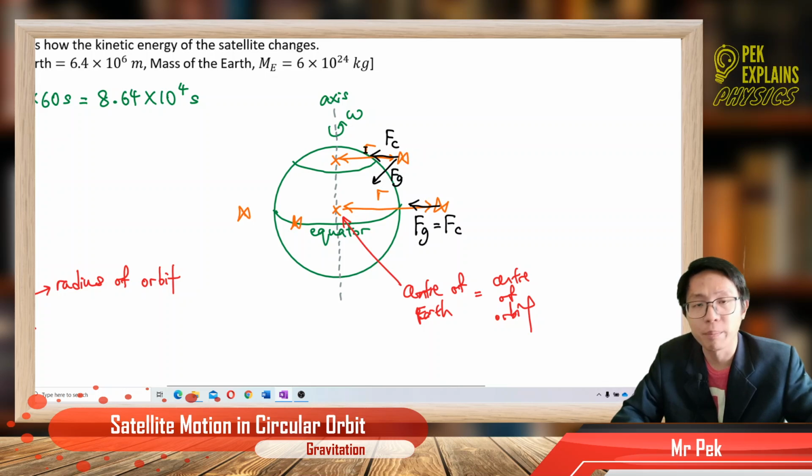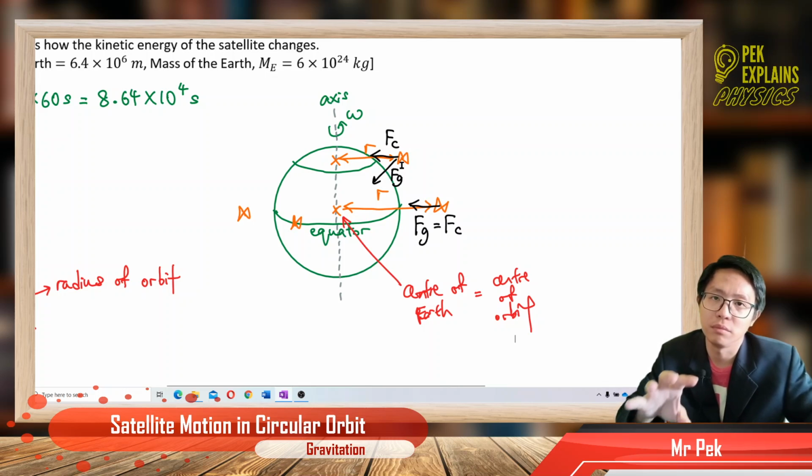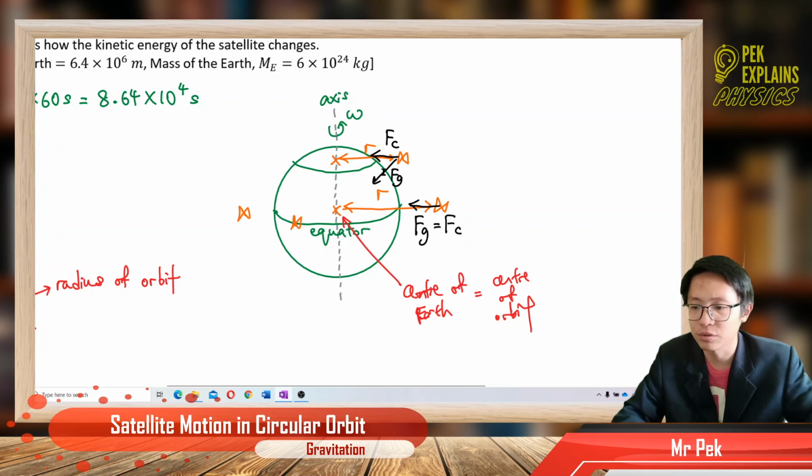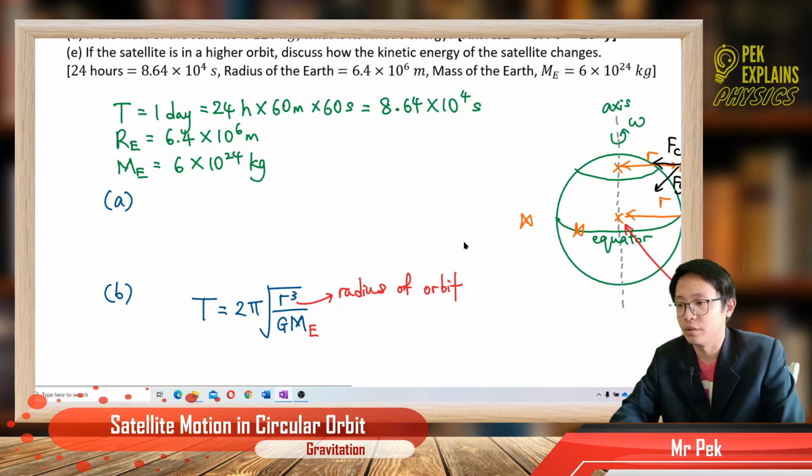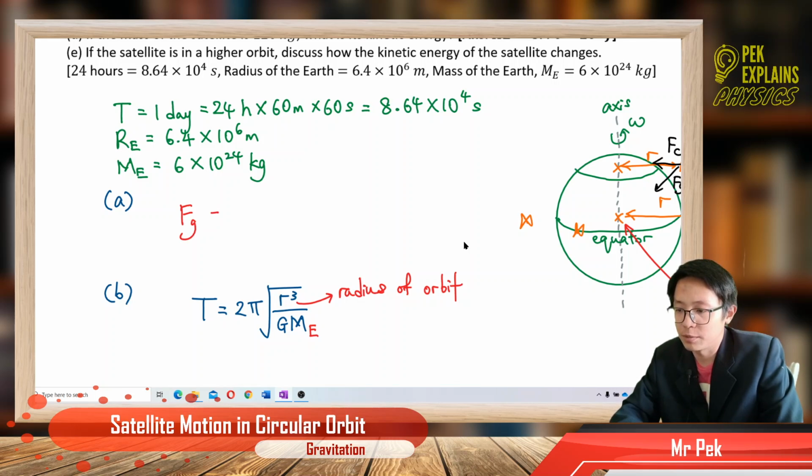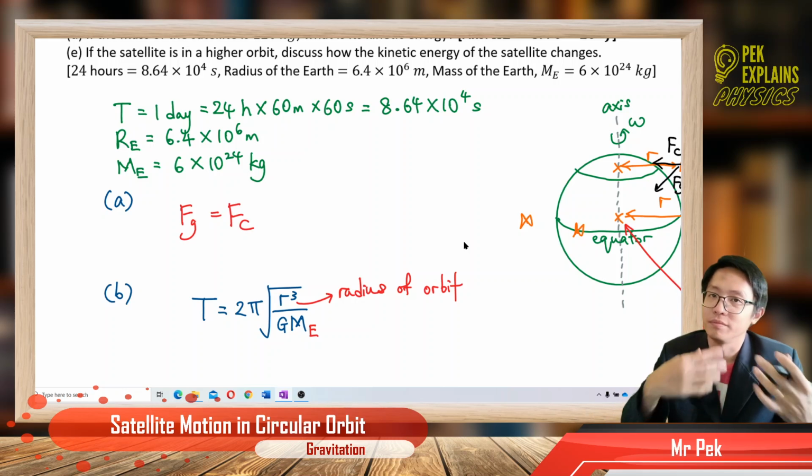So they are not parallel, and the gravitational force is not equal to the centripetal force. This is not right. So that's why the satellite must be at the equator, so that the center of orbit is the same as the center of Earth, and then the gravitational force will be equal to the centripetal force. That's the reason.